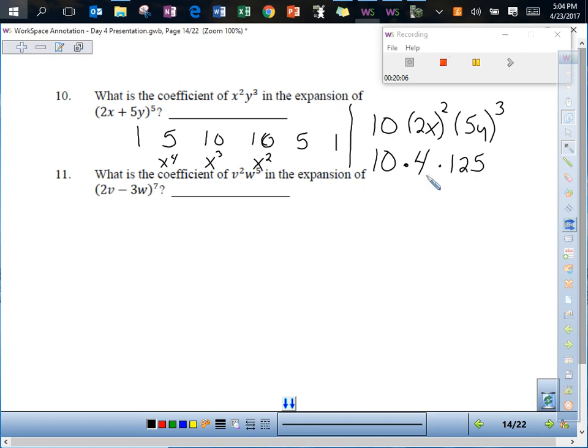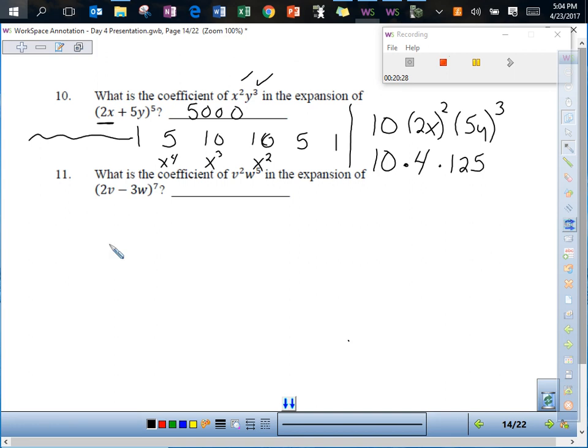If I go 10 times 4 times 125, that coefficient's going to be 5,000. So guys, what I did is I listed row 5, decided that there's a 10 out front, and then I had to take in consideration the terms. I was going to have a 2x squared, and then the second term, that 5y cubed. And they just wanted the coefficient, so we just wanted the number.